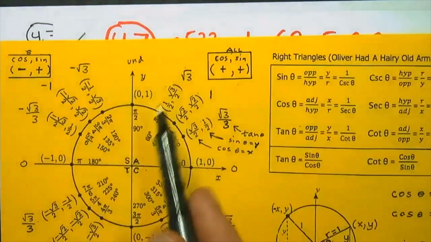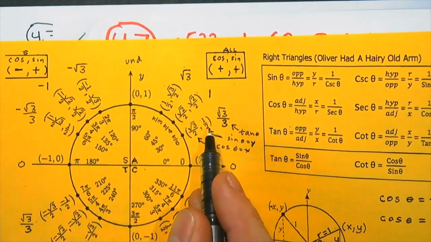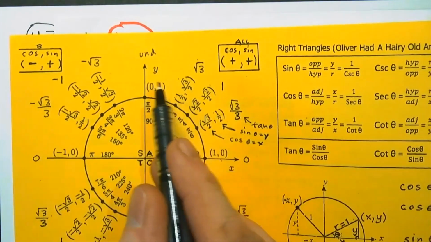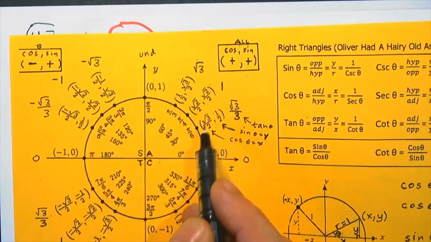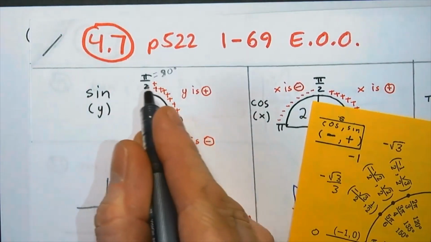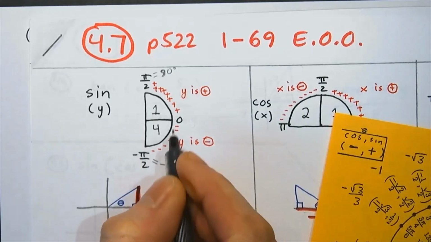Here's sine 1/2, that's 30 degrees. Why do I want to go all the way over here to 150 when I can get one right away? So the calculator is always going to just go up to 90 degrees, pi over 2, or down to -90 degrees if you give it a negative.